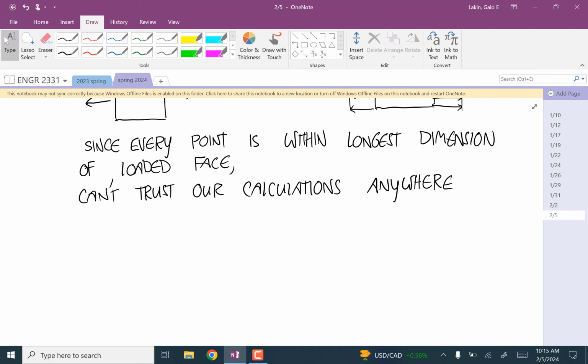So the first thing we're going to talk about, the simplest case, is members in pure tension or compression.